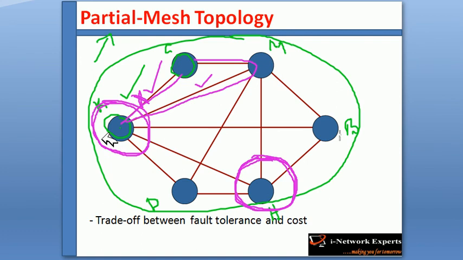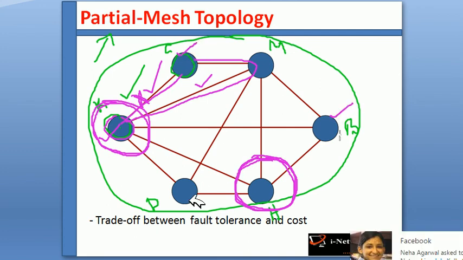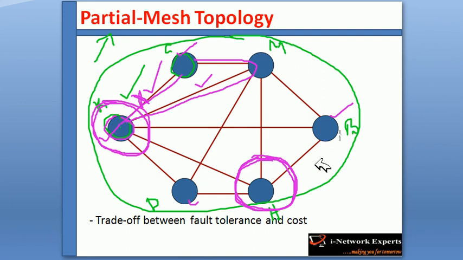So this branch has multiple connections, meaning this router has connectivity to all other routers, and this router has connectivity to all other routers, but the rest all have only a few connections. So this is basically a design part. And while you are doing the WAN connection design, you have to keep the business requirement in mind as well.